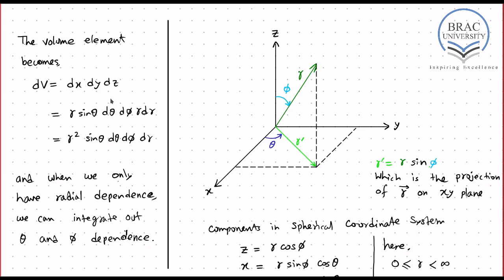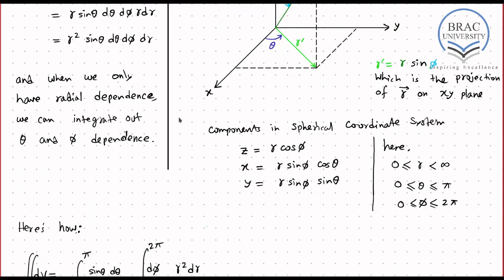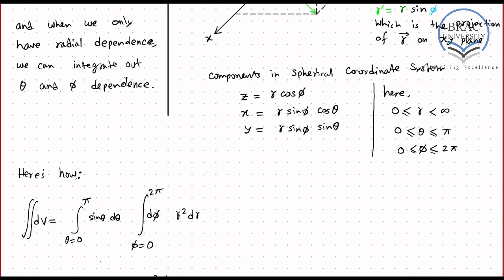If you do some calculations, you end up with r squared sine theta, d theta, d phi, dr. But since we didn't have theta or phi dependence in our problem, we only had radial dependence, we can integrate out the theta and phi dependence.